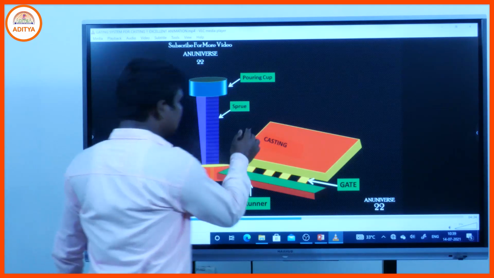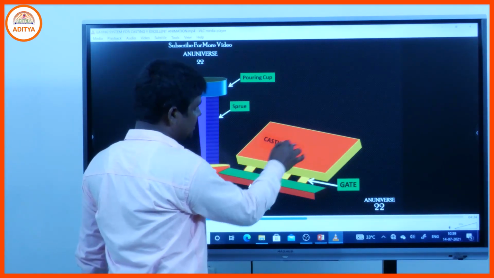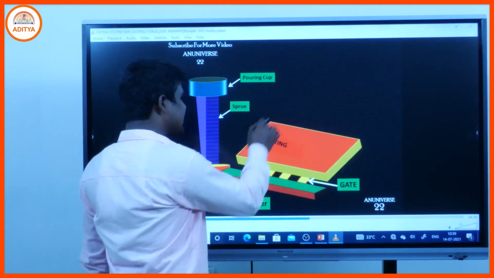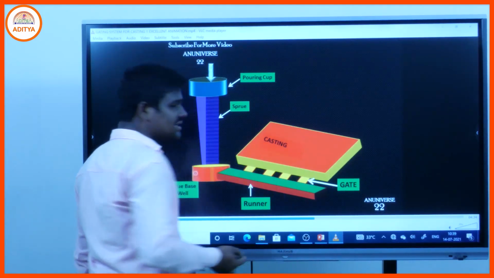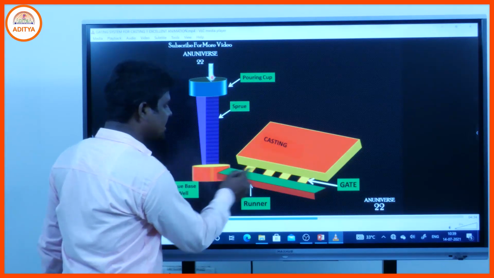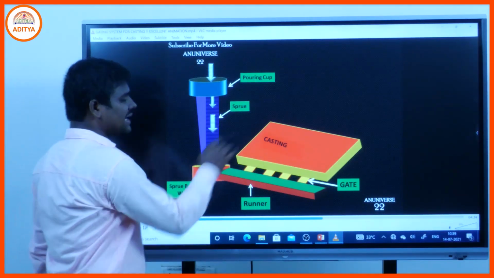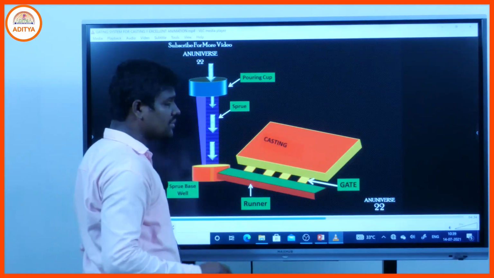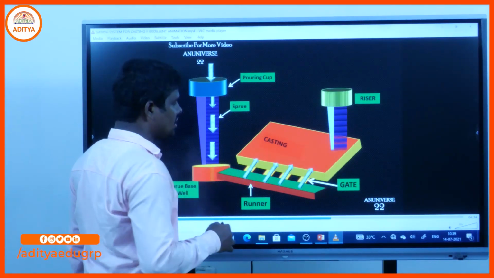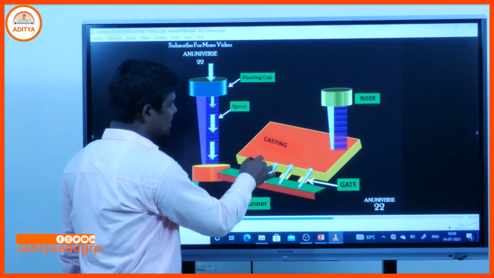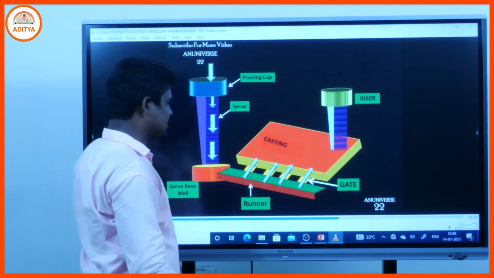Different patterns and different mold cavities are created for different gates. Also, when we take a very large mold cavity, we connect different gates to it, a number of gates for the flow of the liquid metal, so that a huge flow of liquid metal can easily reach that mold cavity.